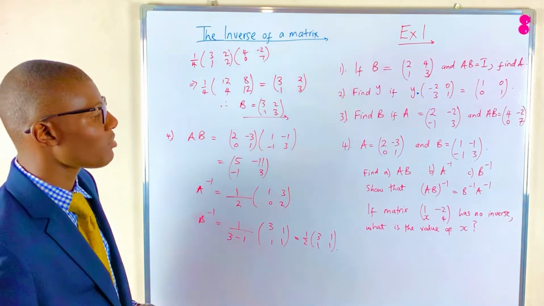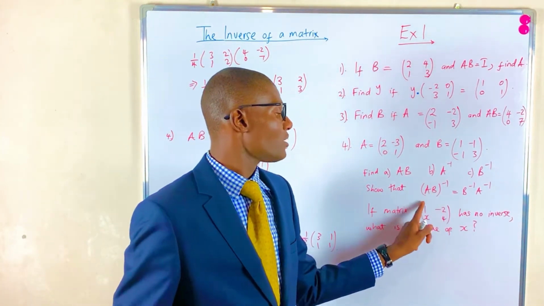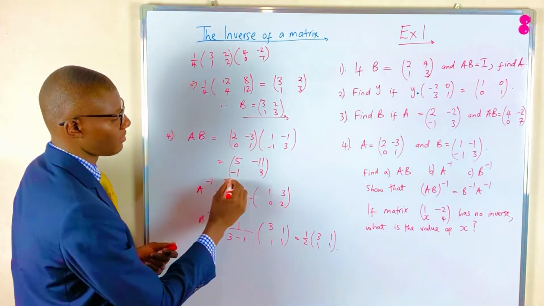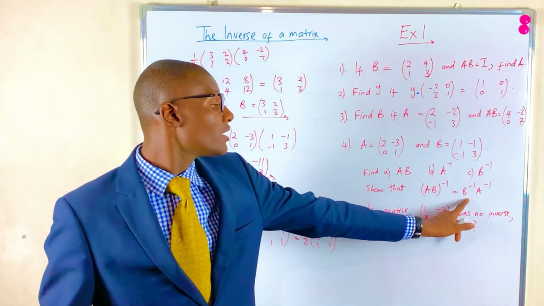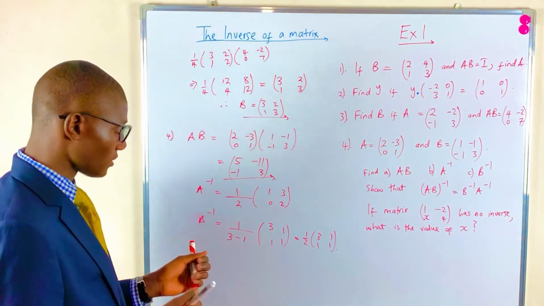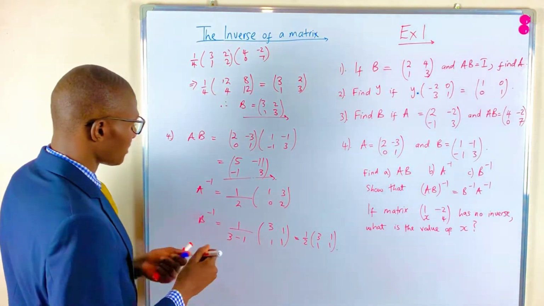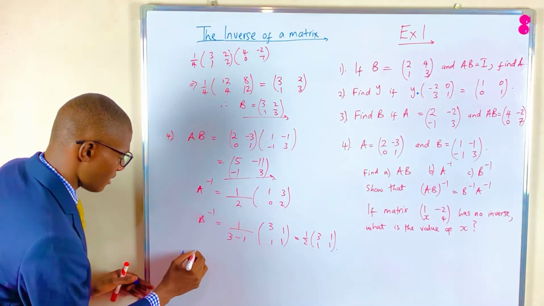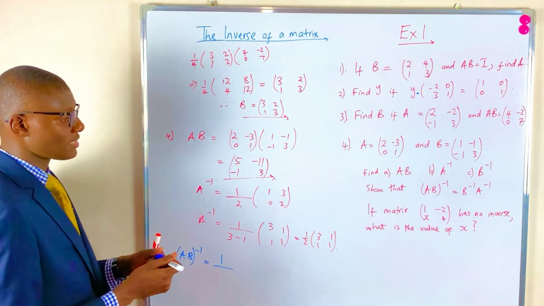And now the last part says, show that the inverse of AB is equal to the inverse of B multiplied by the inverse of A. So we can calculate the inverse of AB separately. It is equal to 1 over its determinant.